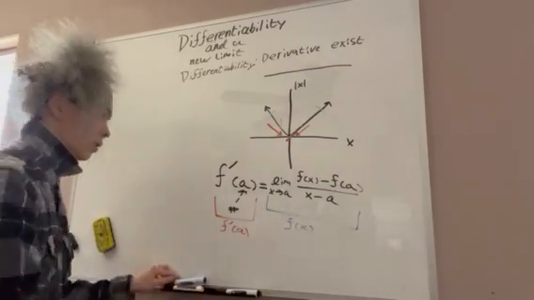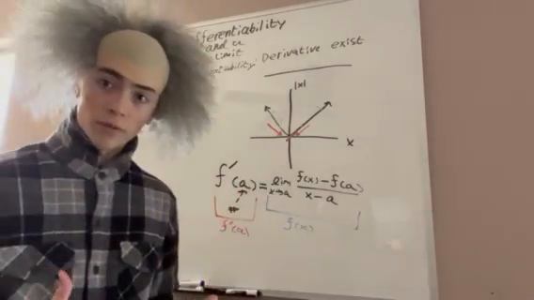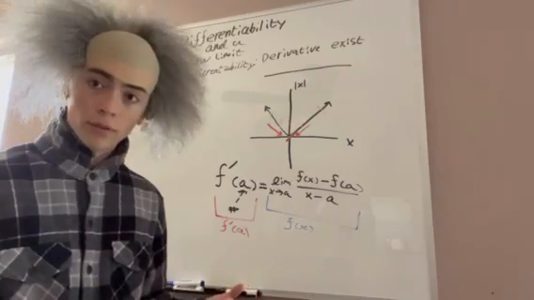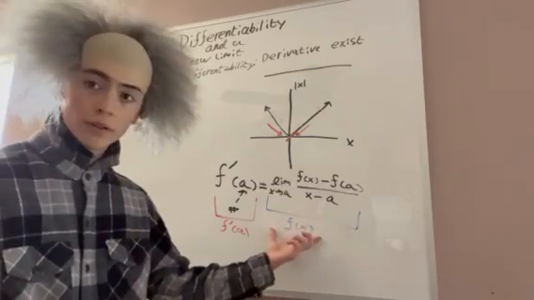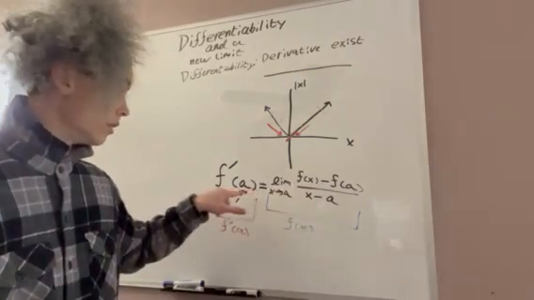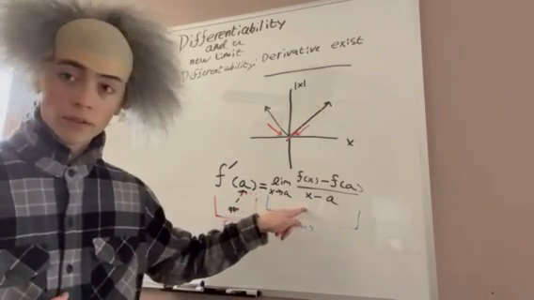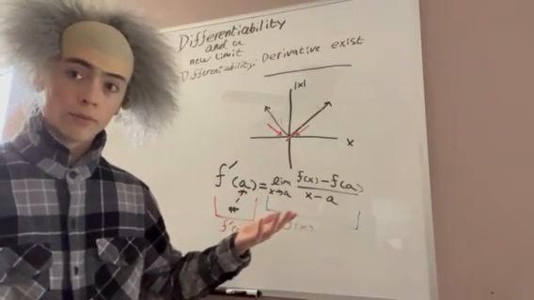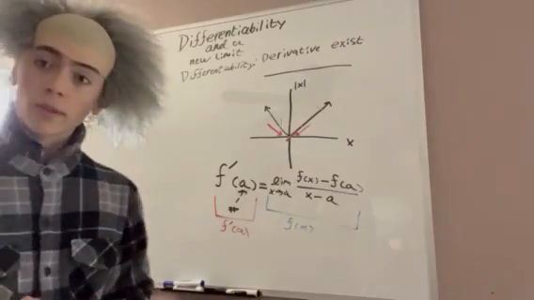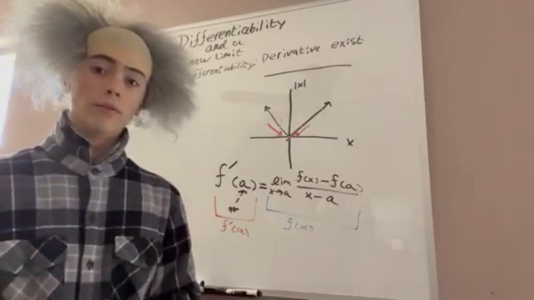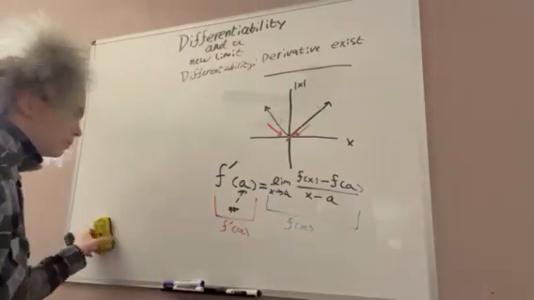And so this limit specifically is going to allow us to address differentiability. Because remember, this limit finds the value of the derivative at x equals A. If this doesn't exist, there's no derivative there. It's not differentiable. But if it does exist, there is a derivative there. It is differentiable, right?